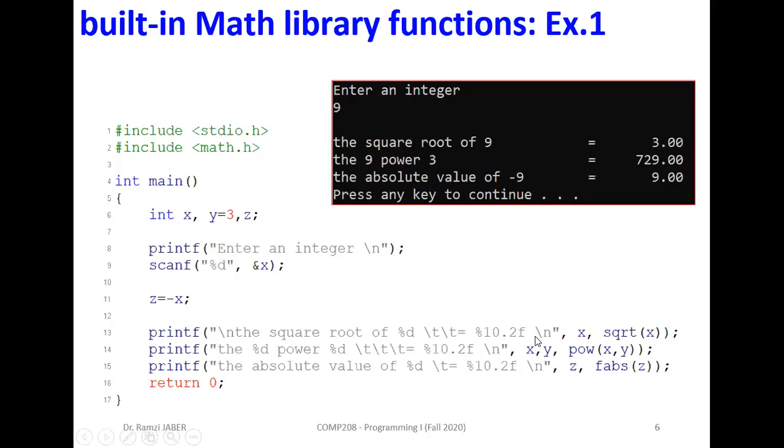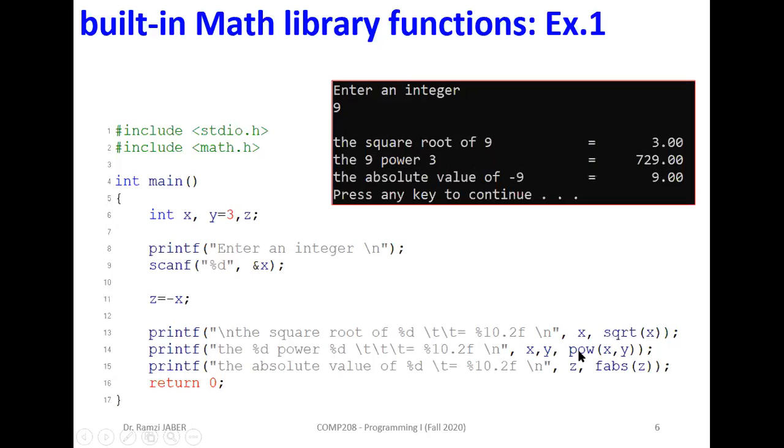Okay, so another printf: the %d power %d, first %d is for x, so the 9 power y, %d, second %d is for y equal 3, 9 power y, 3 \t to bring the equal sign below, then equal %10.2f, the same as above.